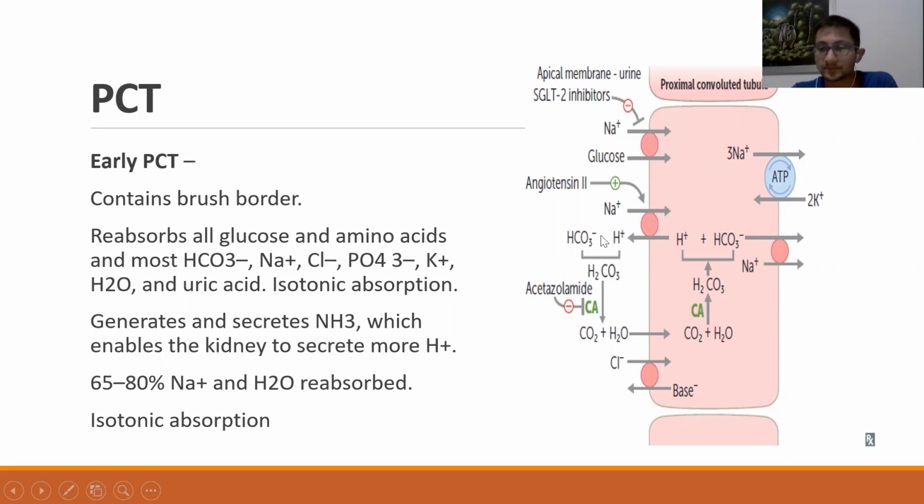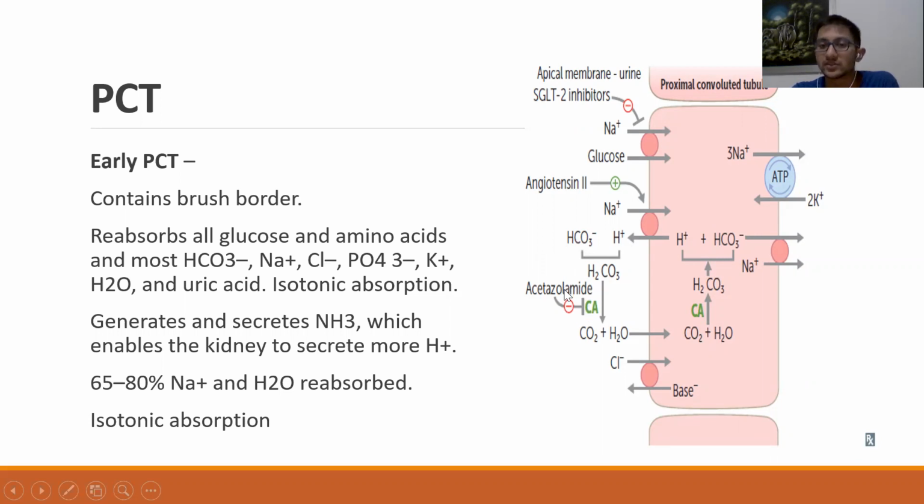need to excrete them. And this part is really important because we need to reabsorb bicarbonate. So we have this breaking down over here, and then hydrogen bonds with bicarbonate to form H2CO3, which is broken down by carbonic anhydrase. Quite a quick enzyme, I might add. It acts really, really fast.